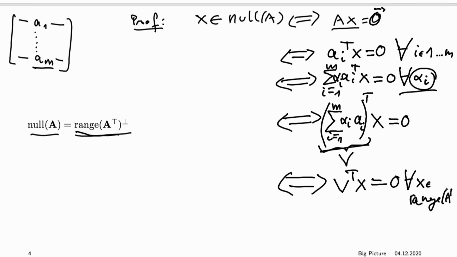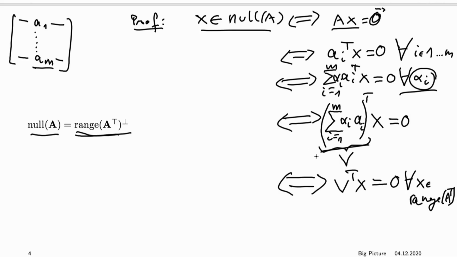What we have proved so far is that any combination of the rows of A, so any element in the range of A transpose or the row space of A, is orthogonal to any x in the null space of A. So it means that x being an element of the null space of A is equivalent to saying that x is an element of the orthogonal complement of the range of A transpose.